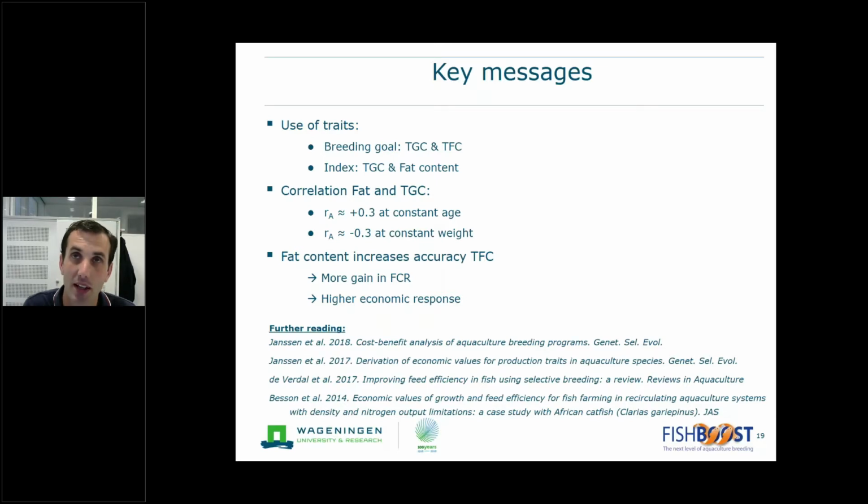Well, they enter the bioeconomic model, and what I use in my bioeconomic model is a constant harvest weight, or in case of sea bream, of 400 grams. So when I improve thermal growth coefficient, the time to reach harvest weight shortens. But because growth of sea bream is seasonal and temperature dependent, I cannot say that the time to reach harvest weight reduces by a fixed amount.